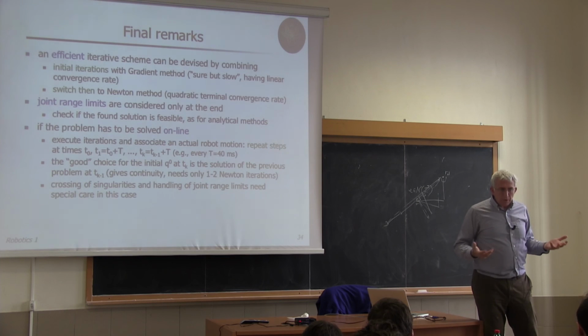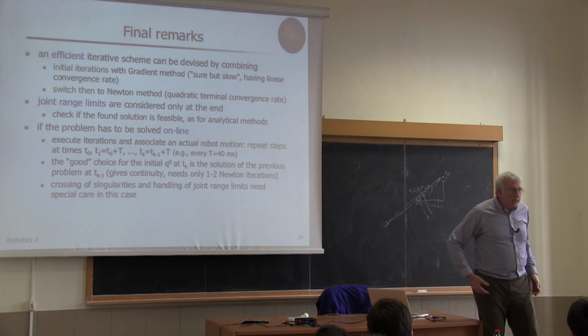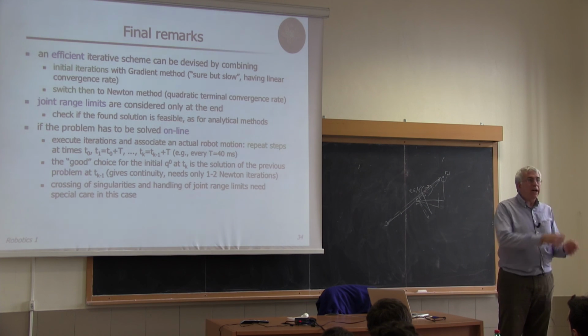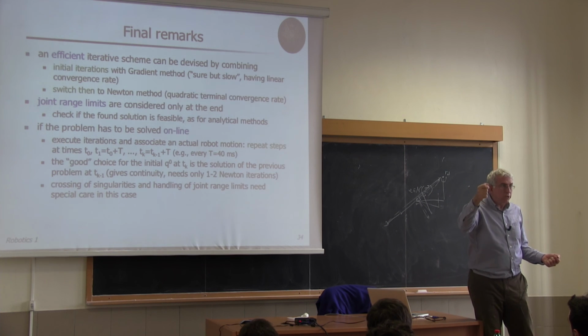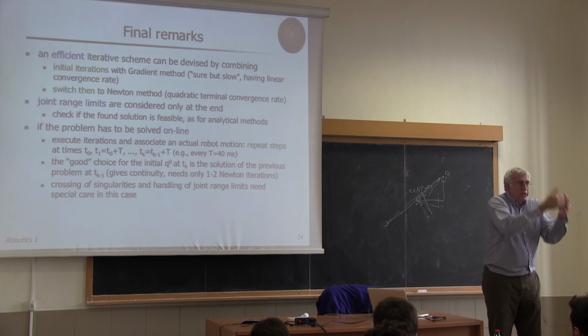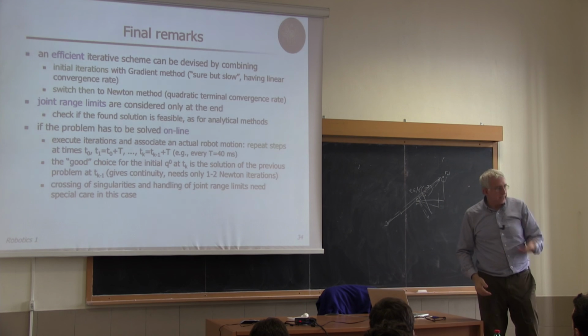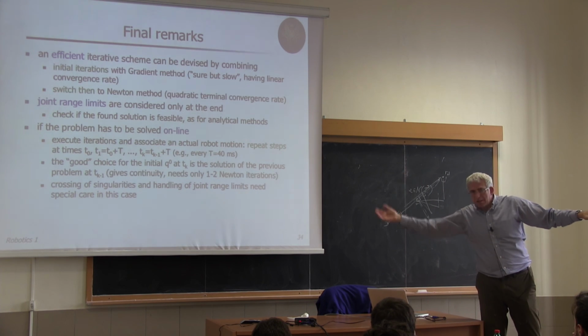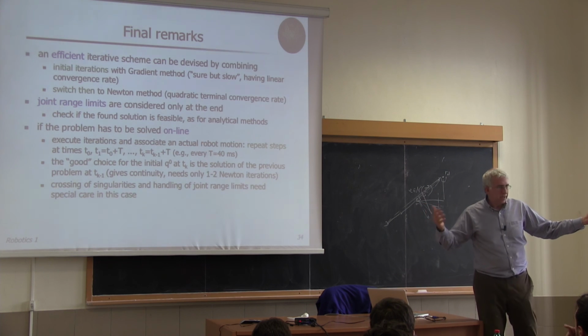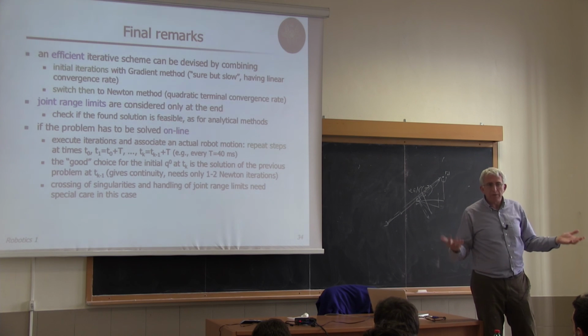I have to solve the inverse kinematics, and I solve it offline. I find the configuration that puts the end effector in that position, and I bring the robot joint by joint to that. And then I start the task. So I can do this offline. I can take more time, less time, I don't care. I may even run into problems, but after some attempts, I find a good solution.